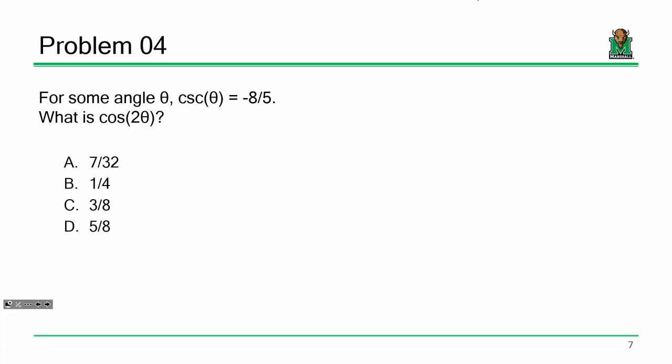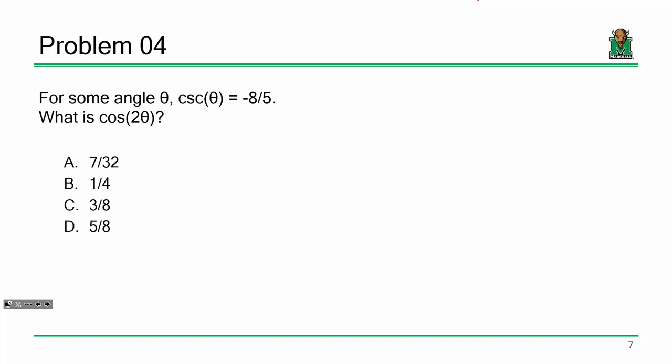So for some angle theta, you've been given that the cosecant of that angle is -8/5. Based on that information, you need to determine what is the cosine of 2 theta. Now, there's a couple ways that you could go about this. One way is you could take this information and draw a triangle off of that, and then use that information to back calculate your cosine.